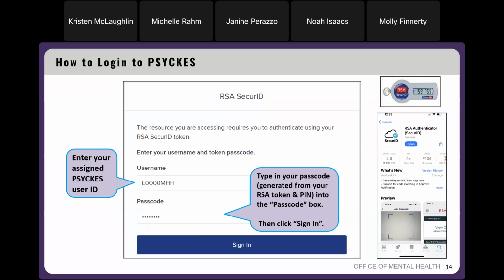So for those users, they would have a hard token, which we're seeing up here, almost looks like a keychain. So what they would do is they would indicate the PIN first in the passcode field, and then enter in the 6 digits that they get generated from the token every 60 seconds. So even if you are in a hospital that doesn't allow cell phones on the floor, you would just make sure that you're requesting a hard token.